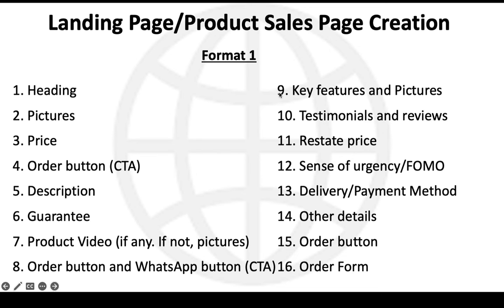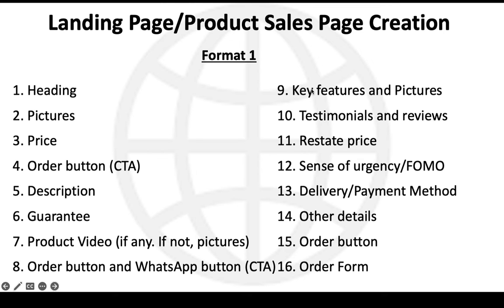So the number 9 outline here says key features and picture. That's the product features. You have to include the product features. So it's very, very important. The features would come in form of the benefits. As you list the features, then you describe them using the benefits, because it won't be enough for you to just list the features.